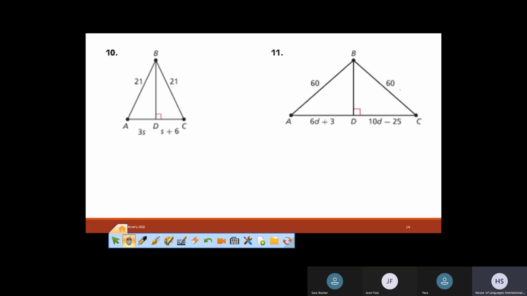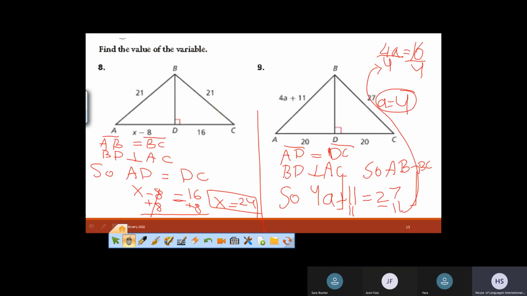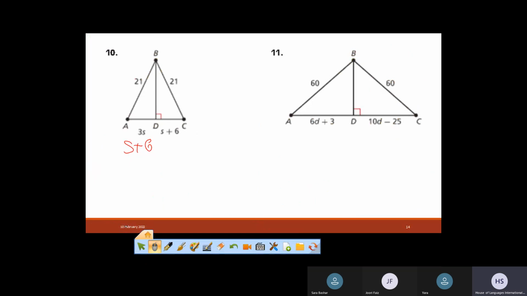Now number 10. So S plus X, given A day is some number. S plus 6 equals 3x. Bravo. Minus.